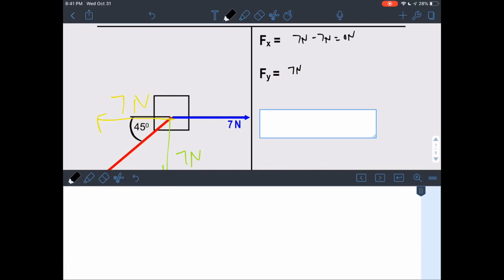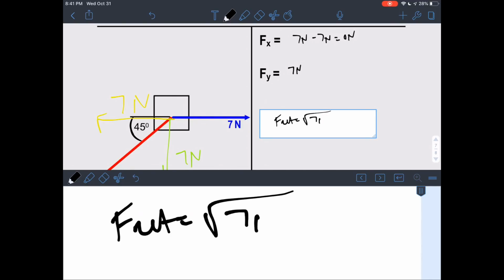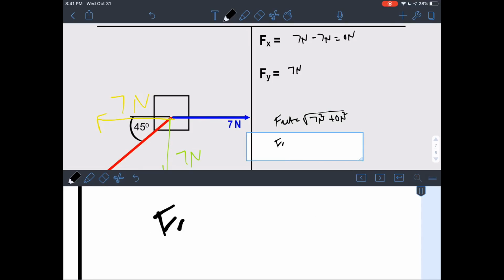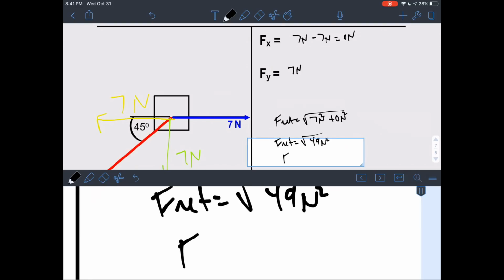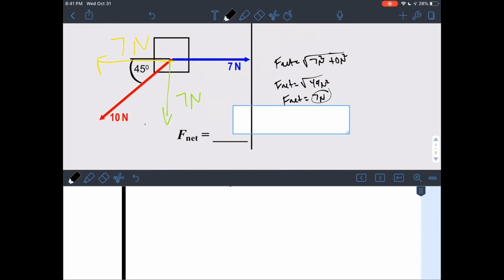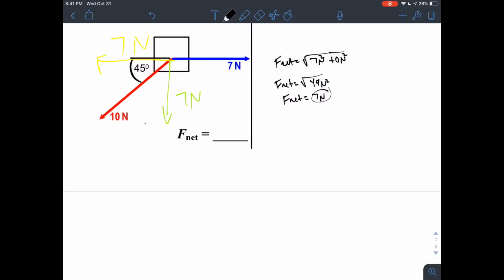So F net is equal to the square root of 7 newtons squared plus 0 newtons squared, the square root of 49 square newtons. So our F net is just 7 newtons. That should make sense, because our horizontal forces, our 7 left and our 7 right, cancel out, and we are left with just our 7 newtons down. There we go. So this is how you add your vectors with free body diagrams.